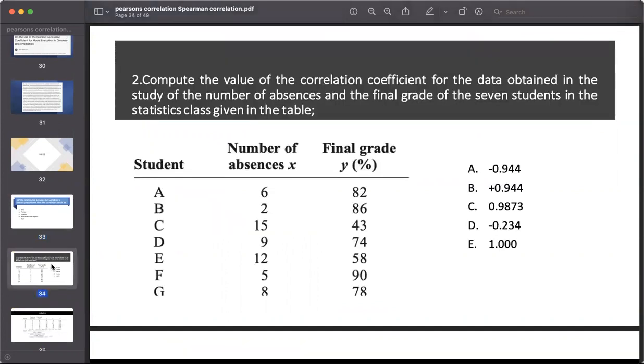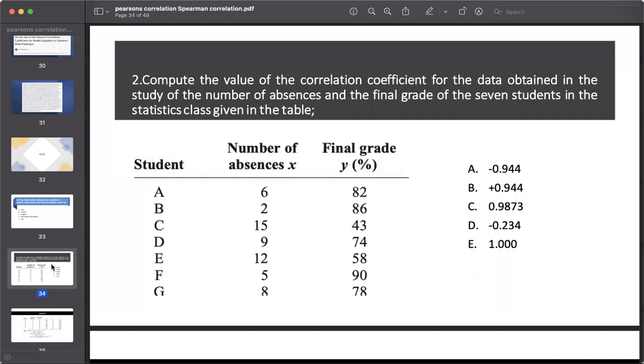Question number two. Compute the value of the correlation coefficient for the data obtained in the study of the number of absences and the final grade of the 7 students in the statistics class given in the table. Option A is minus 0.944. Option B is plus 0.944.